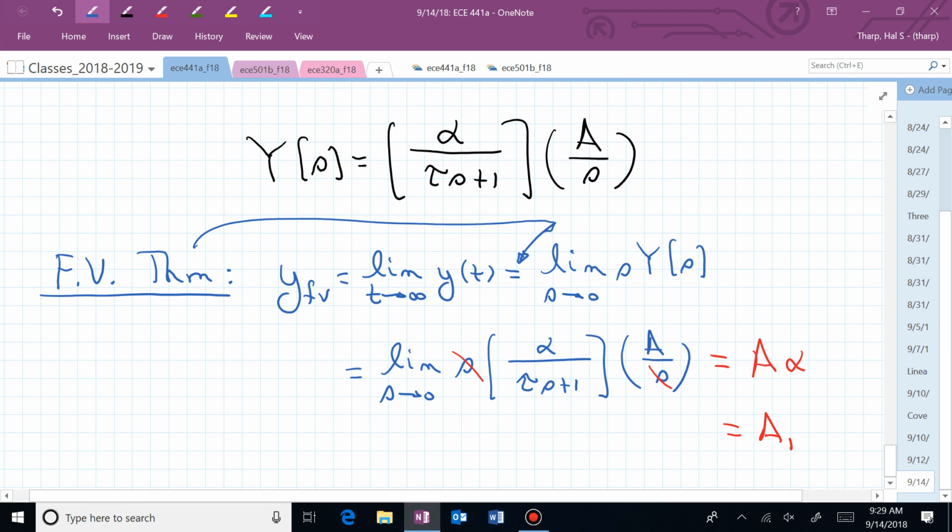Maybe no one had me for 320. Most of you were lucky if you didn't have me for 320. All right, so now that's our relation. Did that answer your question? I'm not going to derive that. I'm barely going to get through the material I'm hoping to get through, but you can go back and look up the final value theorem and see why that's true.